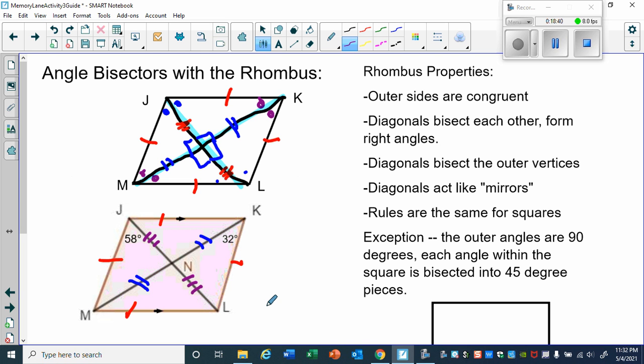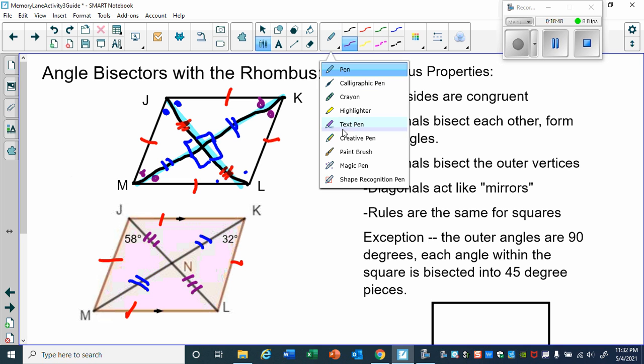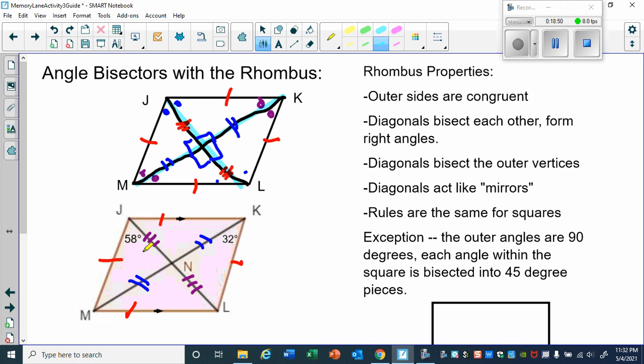And again, diagonals will act like mirrors. So basically, even though it looks like we don't have much information, you have more than enough to get all the other angles.